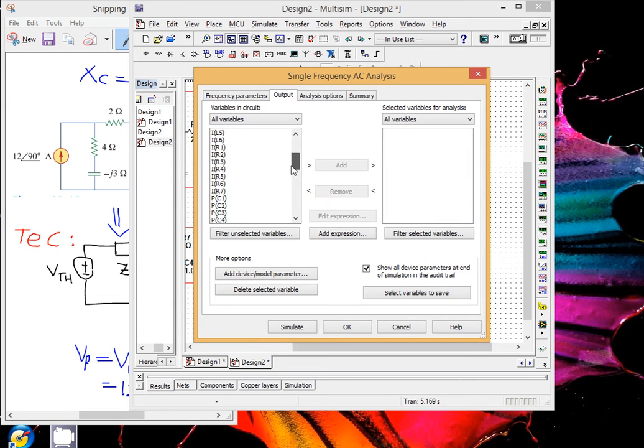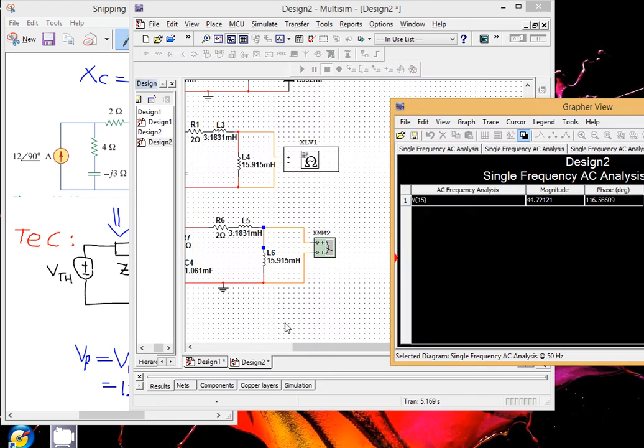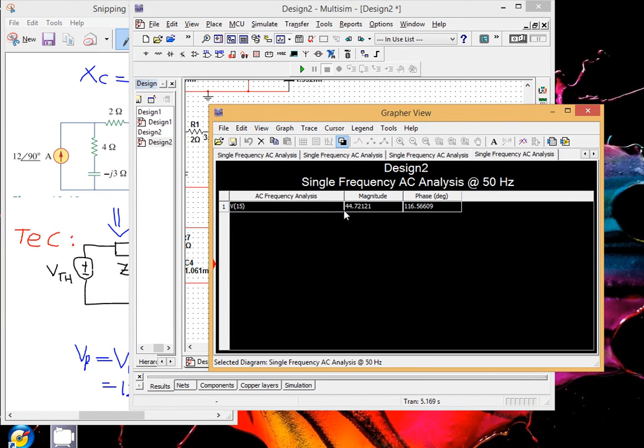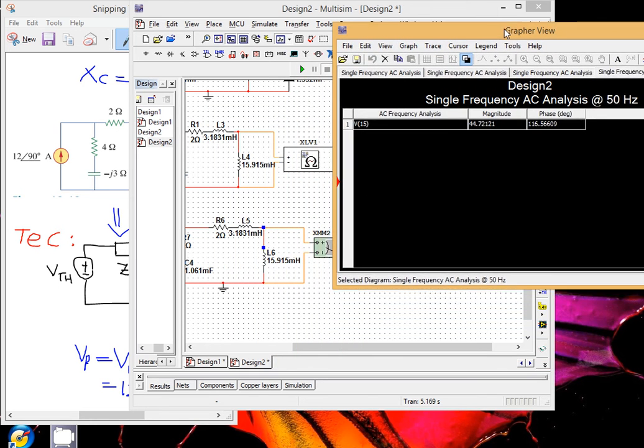So you have to find out what is your V15. 15 is the net name. Click add and then simulate. So this is your value for VTH.